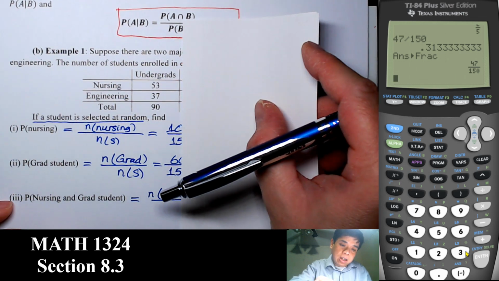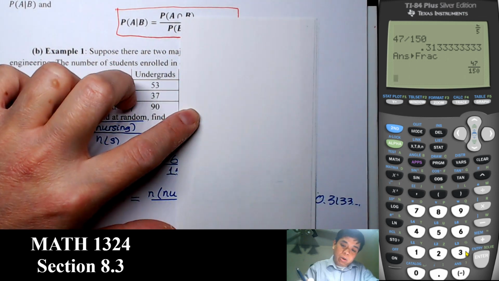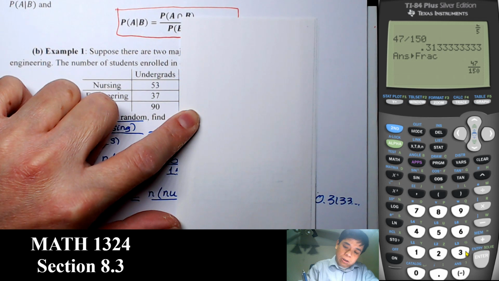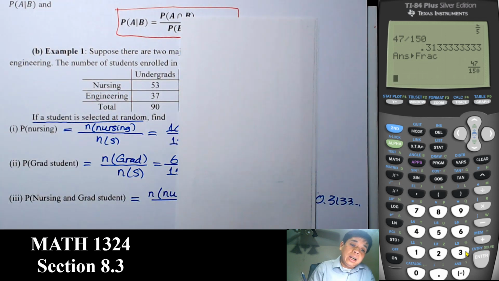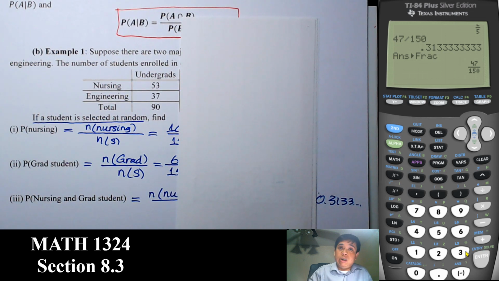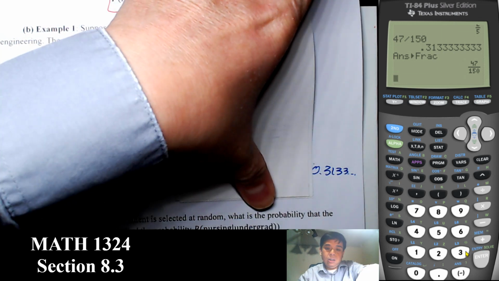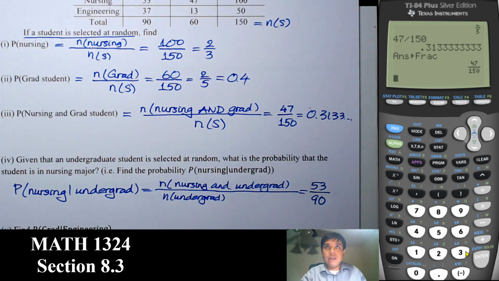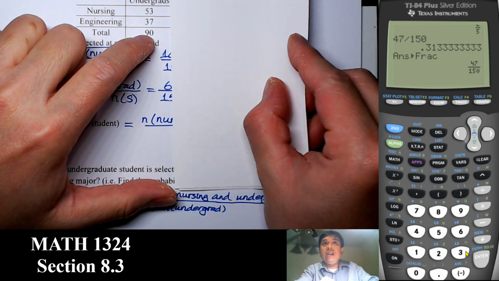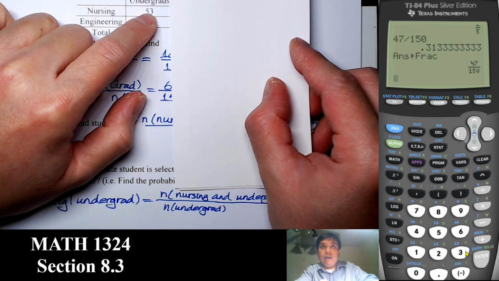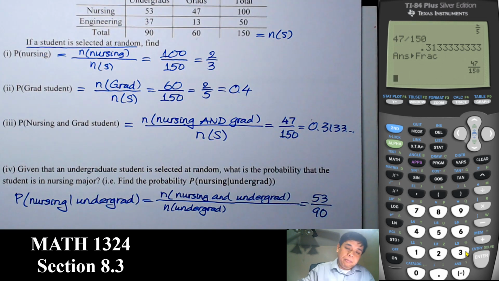So undergrad is this. There are 90 in total, and nursing out of those is 53. So we have 53 over 90. Again, I think that is reduced already.